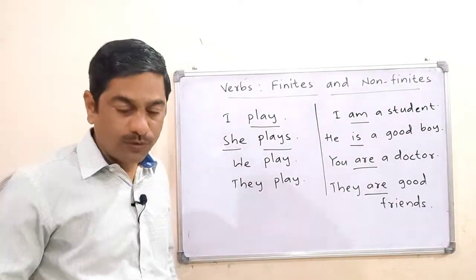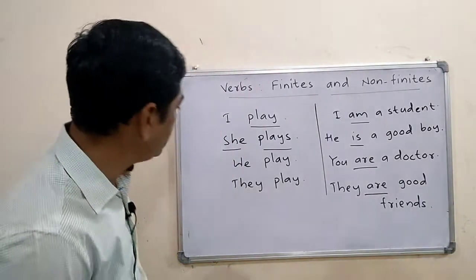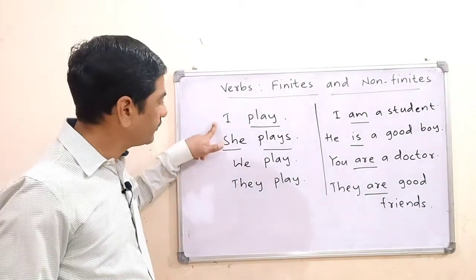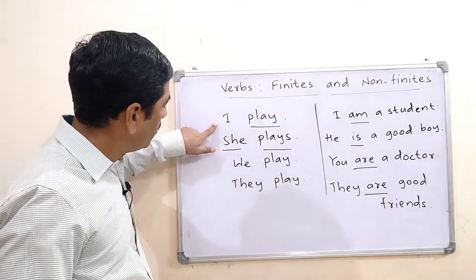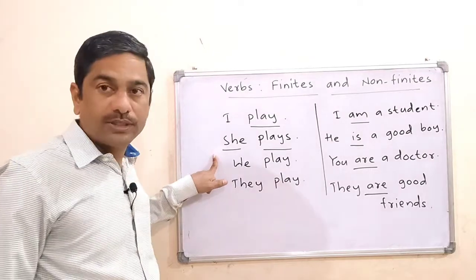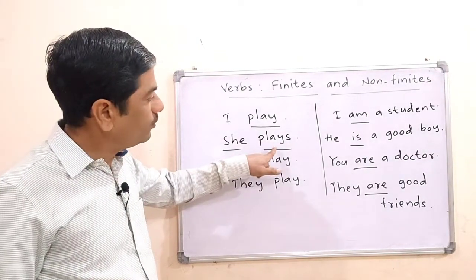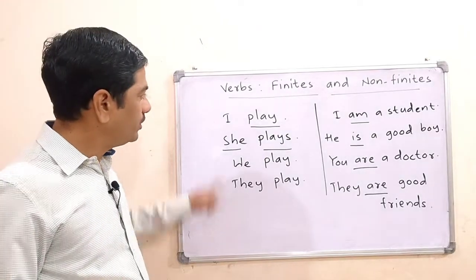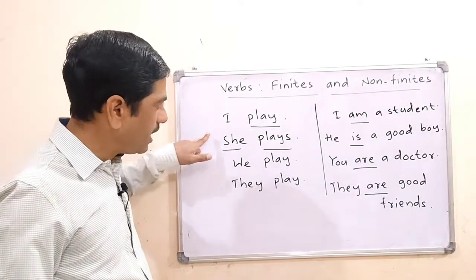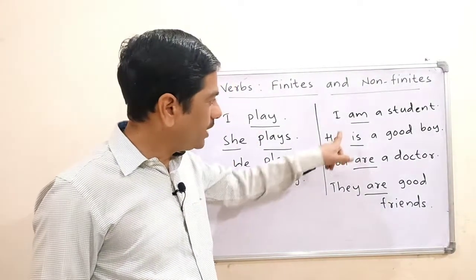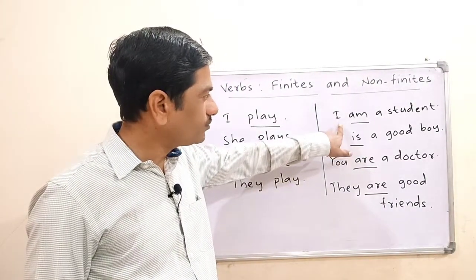I will write a few more sentences. See here we are changing the subject. Here we are changing the person of the subject. In place of I, we are taking a third person. That's why we have to make a different form of the verb. So here we are changing number and person. Here also we are changing the number.